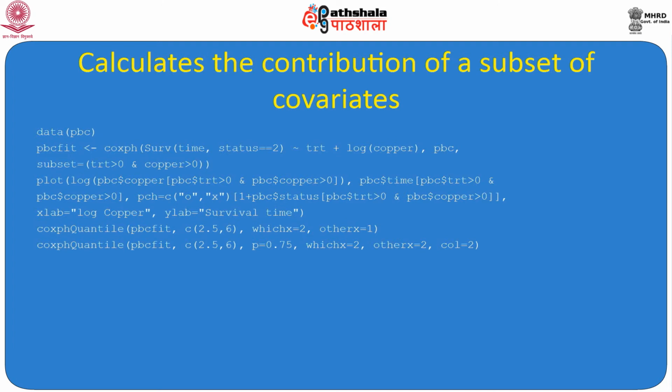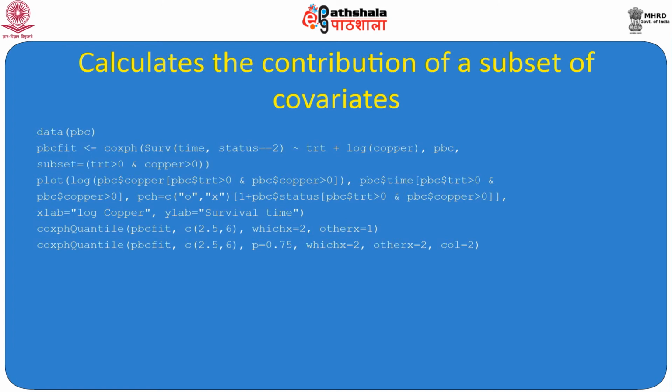As a subset, those treated with treatments coded as 0, 1 and 2, so those coded more than 0 are considered here, and copper also, those with copper more than 0 are considered as a subset.